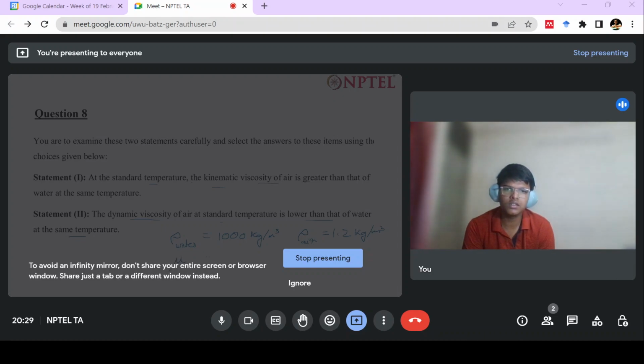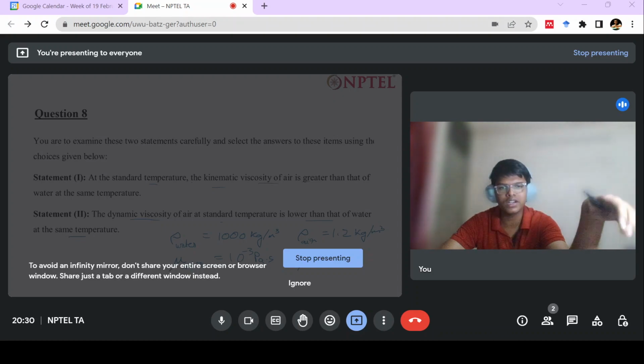Viscosity also, if I take dynamic viscosity, the dynamic viscosity of water is 10 to the power minus 3 Pascal-second, whereas air is definitely less viscous. The air resistance and the drag due to water are very different. Water gives a lot more resistance compared to air. Like you can do a free fall, you can dive inside water.